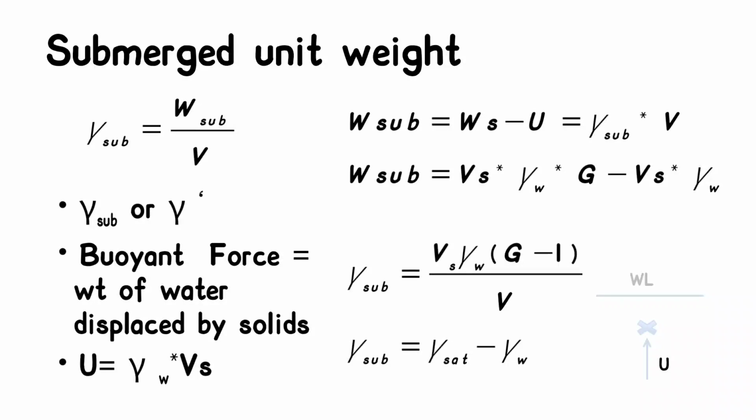If we rewrite it, we will get gamma submerged equal to Vs into gamma w into (G minus 1) divided by V, where G is the specific gravity of the soil. The specific gravity we will describe in the coming slides. Also, it is seen that gamma submerged is equal to gamma saturated minus gamma w. Gamma w is the unit weight of water.